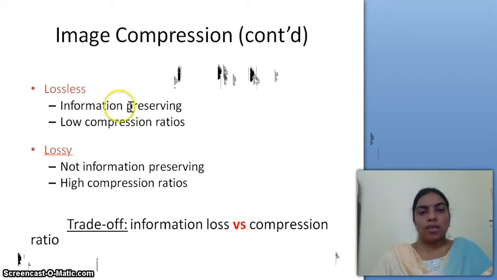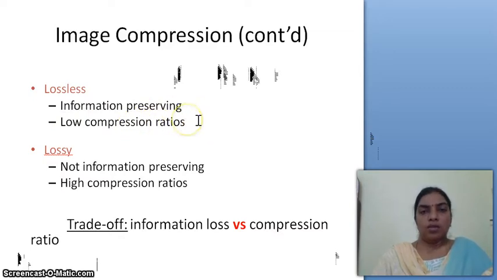So for very important applications, or for an image that is very important, we should preserve the information. In such a case, by using lossless compression techniques, that means using low compression ratios, you can use these techniques, right?